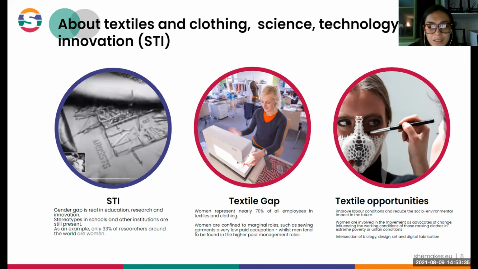It is bringing new perspectives to the textile industry and to new social and environmental empowerment, as we will see through the paper, that more women have more awareness around the topic of sustainability.